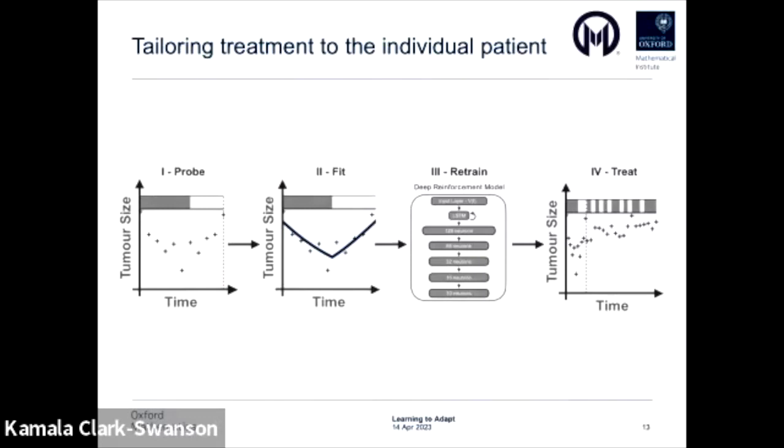So we propose here a probing cycle where we give a first initial cycle of this 50% adaptive therapy rule to get some idea of the patient's treatment response characteristics. We then fit that to the virtual patient model that we're proposing. We retrain our model on that virtual patient that's personalized to the patient we've seen in the clinic to fine tune our model to their individual characteristics. And then we follow up on our treatment with that model.